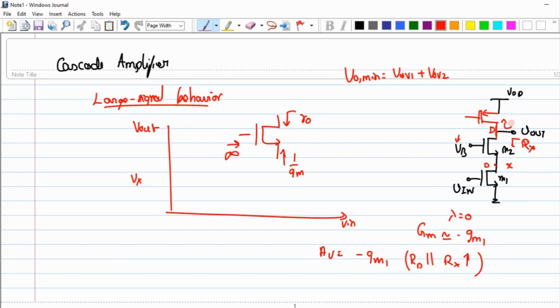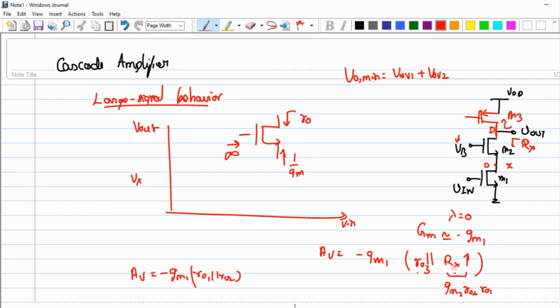So when I plug in here, this R naught sits in parallel with a very large resistance, which could be approximately written as gm2 ro2 ro1. So this Rx is a very large value compared to the value of ro1, or for M3, ro3. Is that clear? So again, I'm not getting a better gain out of the circuit.